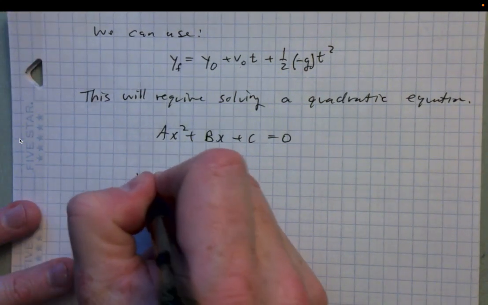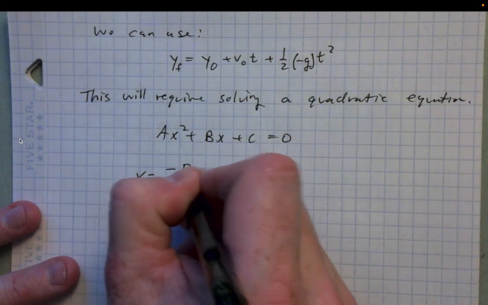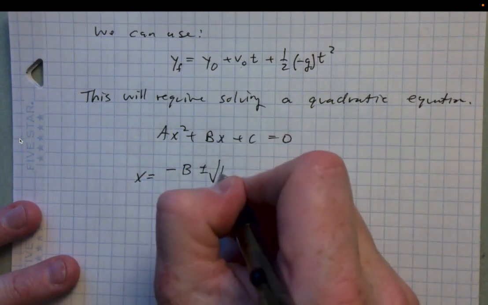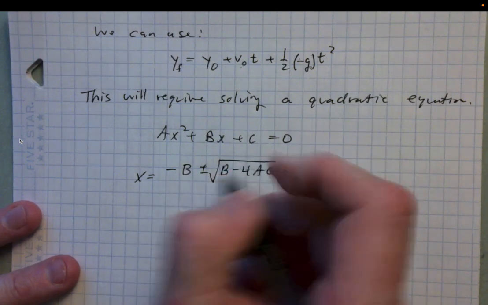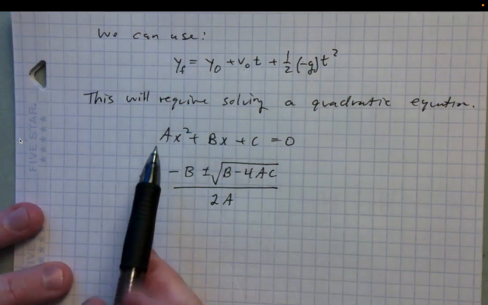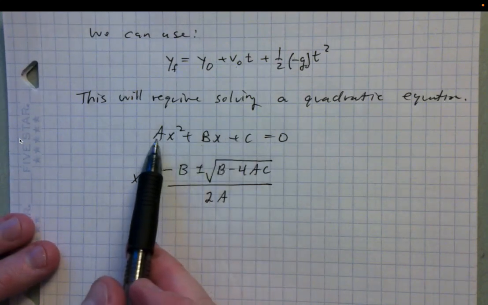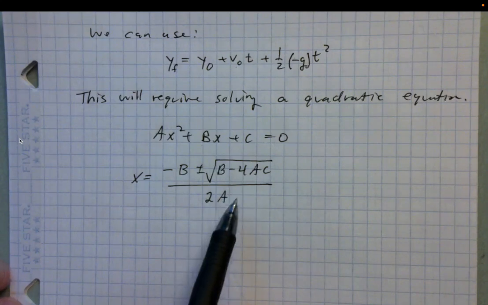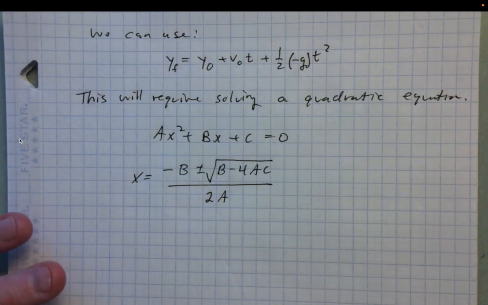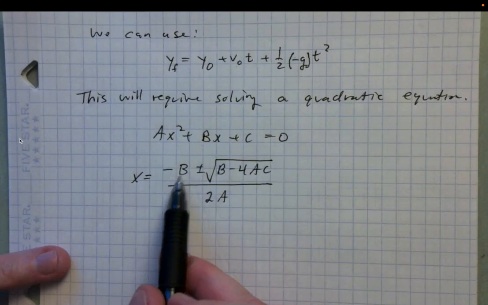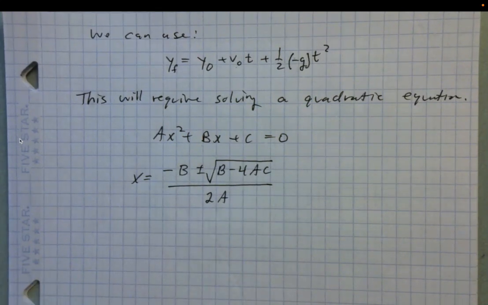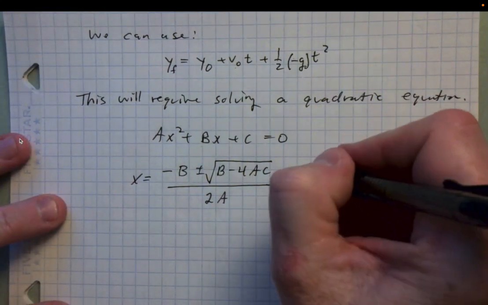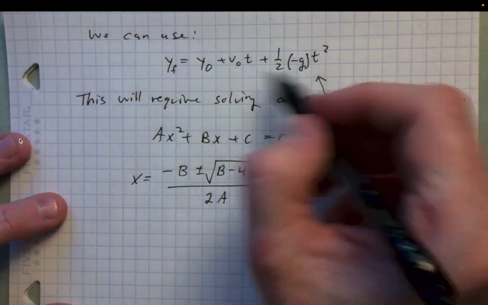Basically, we can say that x is equal to -b plus or minus the square root of b squared minus 4ac, over 2a. So whatever the coefficients in these terms happen to be, we can just plug them directly into the quadratic formula, and it spits out two solutions, a -b plus solution and a -b minus solution. The point of this example is to recognize that we're going to have to use this formula, and we can just plug this thing directly in.